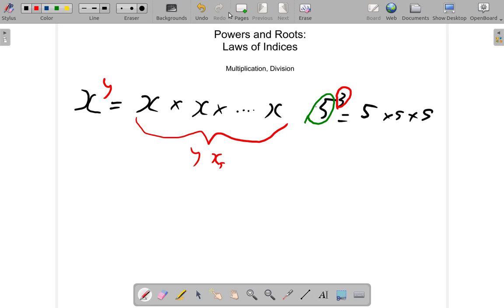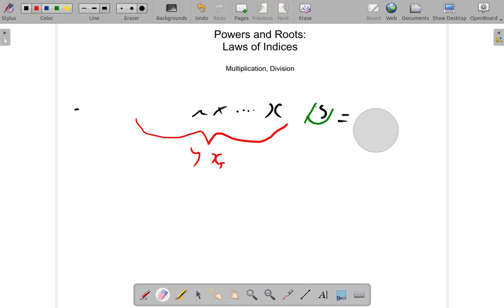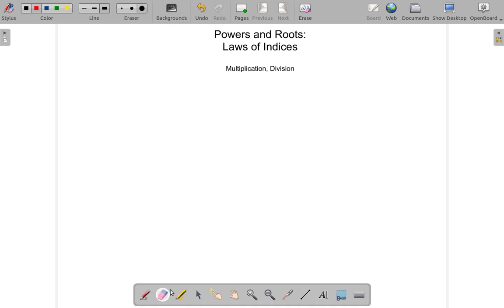Alright? Now let us look at the laws of indices as it relates to multiplication and division. We're going to start out with some numbers. Suppose you have 2 raised to the power of 3.